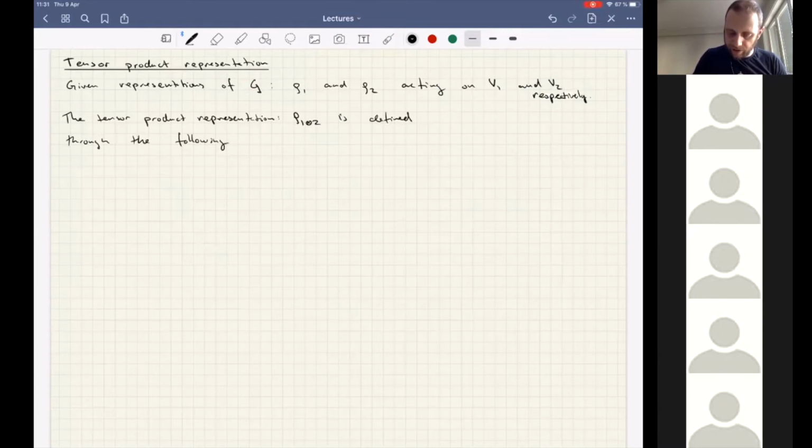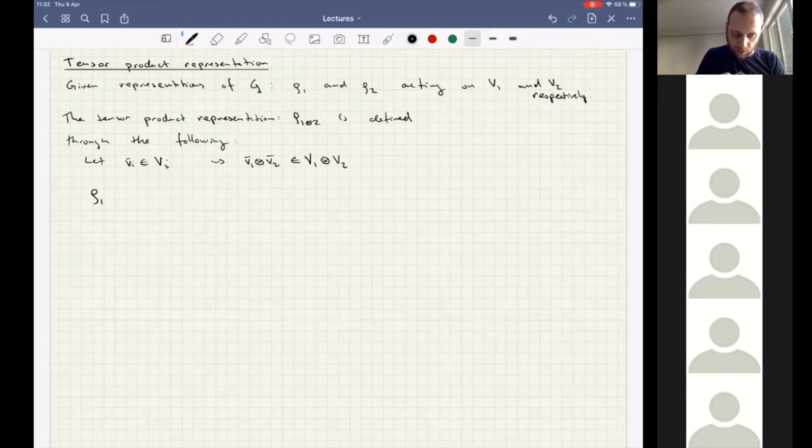So let Vi be an element of Vi, then V1 tensor product V2, that's an element of the tensor product space V1 tensor V2. And I'm going to define the action of this representation on this tensor product space as follows.